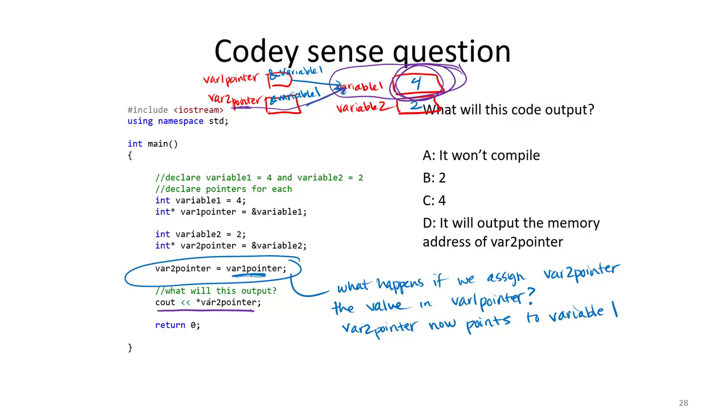So it's going to return the value 4. Because we first made variable 2 pointer point where variable 1 pointer points, we actually outputted variable 1 to the screen.